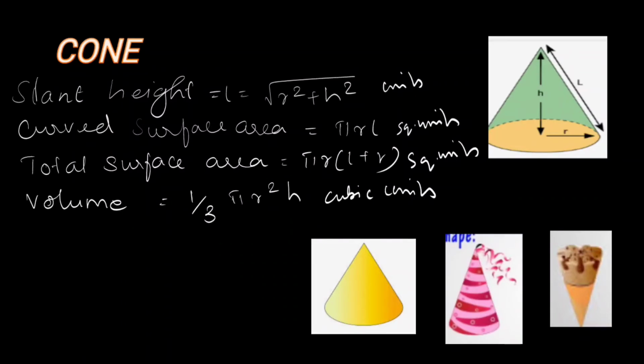We have previously seen that the volume of the cylinder is pi r square h. So always remember that the cone is 1/3 of the volume of the cylinder. The units are cubic units. When you remember the cone, remember the ice cream's bottom part.